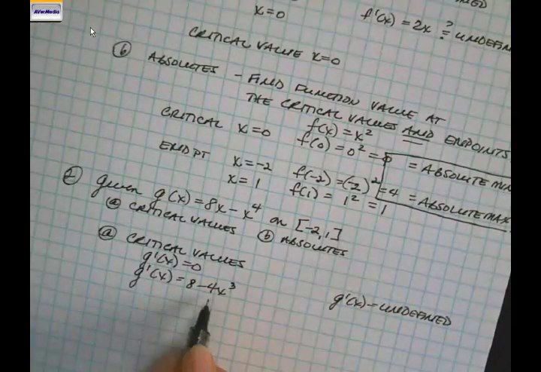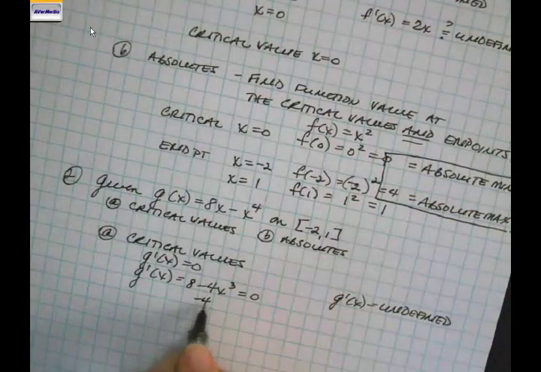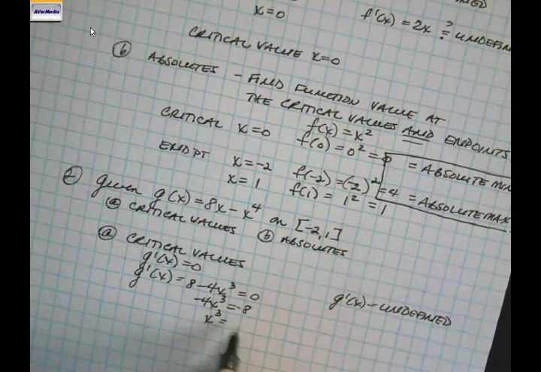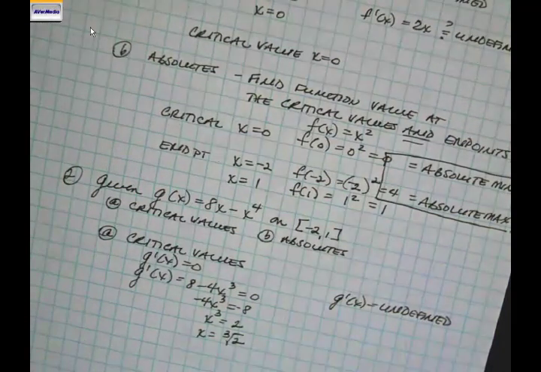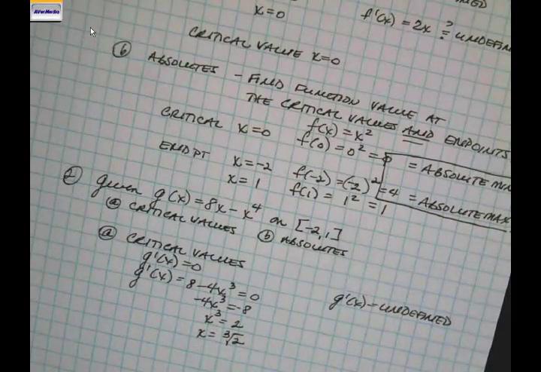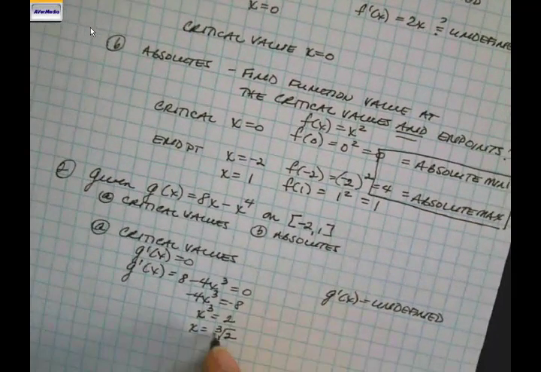If I'm setting this equal to 0, this becomes negative 4x cubed equaling negative 8, or x cubed equaling 2, or x equaling the cube root of 2. So one of my critical values is at the cube root of 2. I have no clue if it's a high or a low or an absolute, but I'm thinking you got a little hump or a dip here, which is occurring at an x value of the cube root of 2.